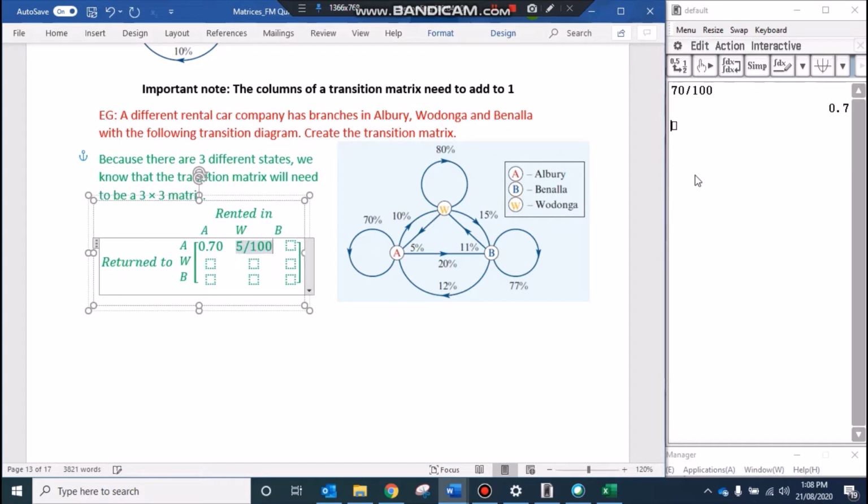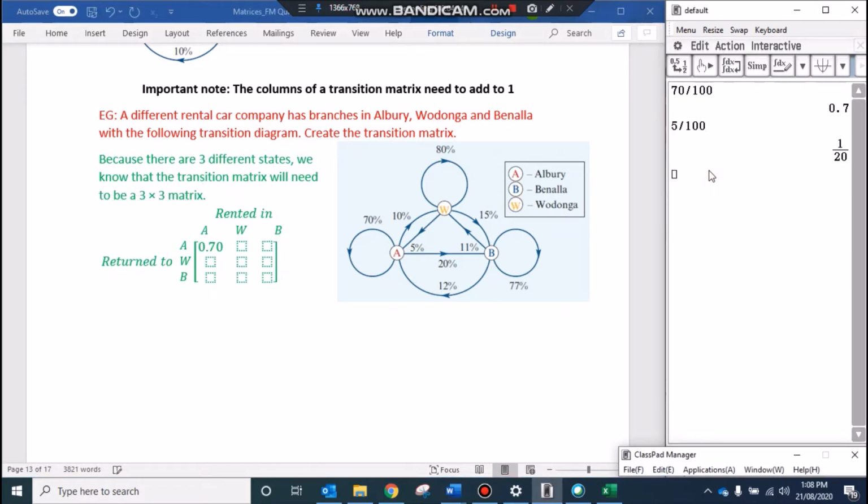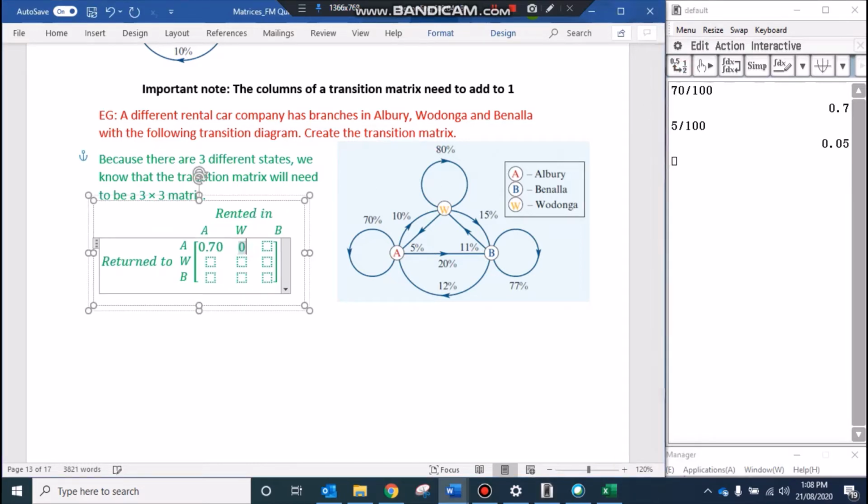Now, if you divide 5 by 100, we get 0.05. So 5% as a decimal, 0.05. And finally, the third element in row 1 is when you're renting in Benalla and returning to Albury. So we're going to check the arrow that flows from Benalla to Albury, and that's 12%. And you can go through and fill out all the rest of the elements there.